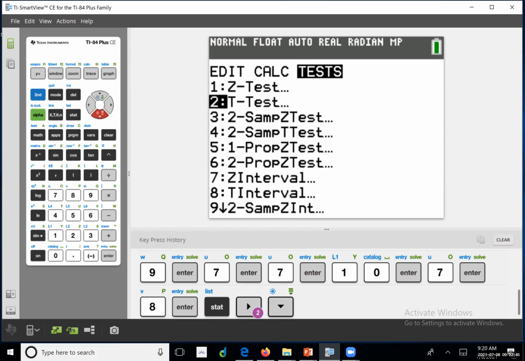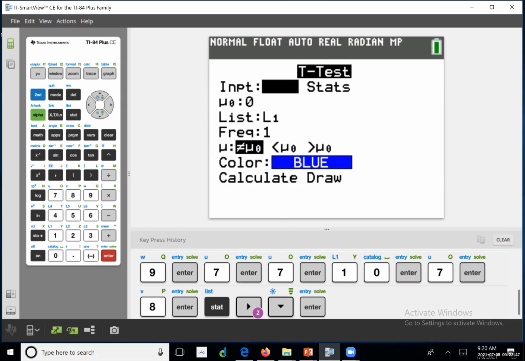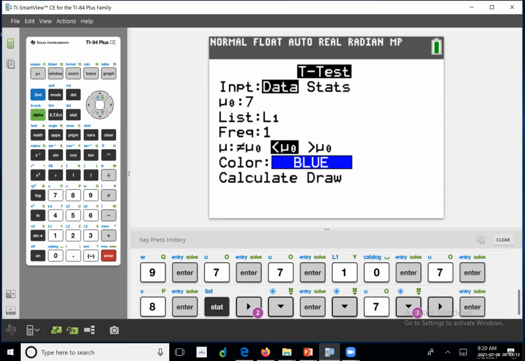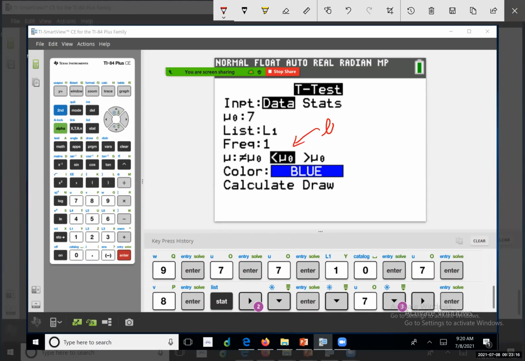Now let's go to stat, tests, t-test. You have the data. Mu naught is the same thing as the null hypothesis. We said it's equal to 7. You all need to write out the steps the way I put it on OneNote: null hypothesis, alternative hypothesis. List is L1, there is no frequency. In this case we had fewer, which is the middle one.